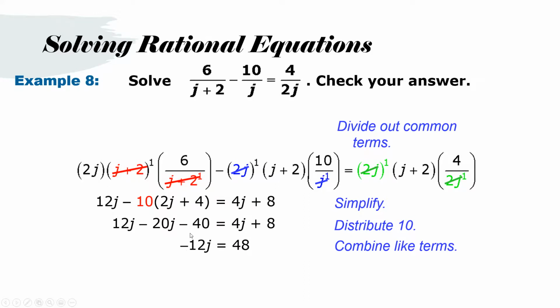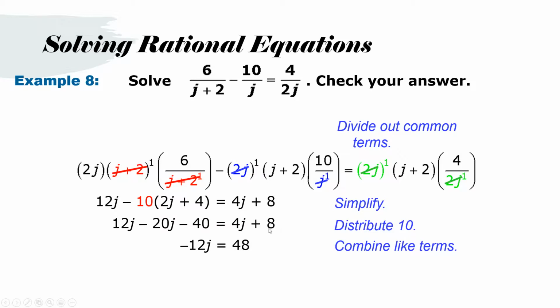And then, earlier, I said you have to subtract 40 from both sides. So, negative 40 plus 40 is equal to 0. That's why only negative 12j is left here. Here, we'll subtract 4j. So, 4j minus 4j is 0. Then, we subtract negative 40 from 8.